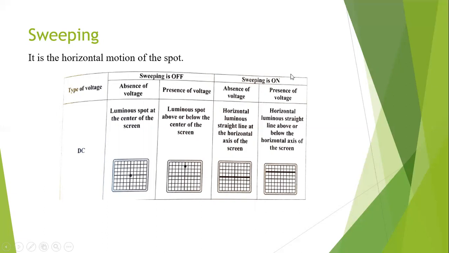And if we have sweeping on, in the absence of voltage, the horizontal luminous straight line is at the horizontal axis of the screen as we see here. And if we have sweeping on and the presence of voltage, then the horizontal luminous straight line is above or below the horizontal axis of the screen, as we see here, depending on the connections.